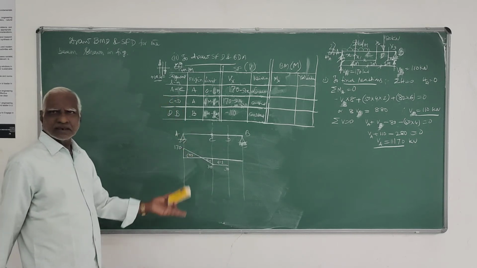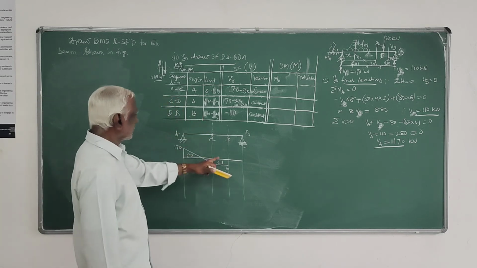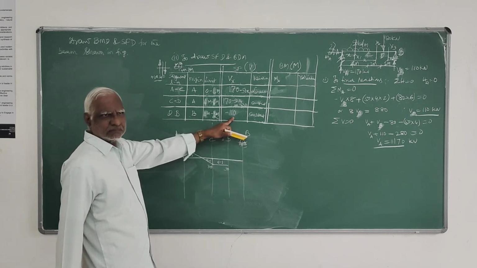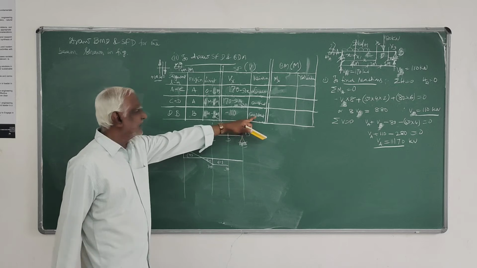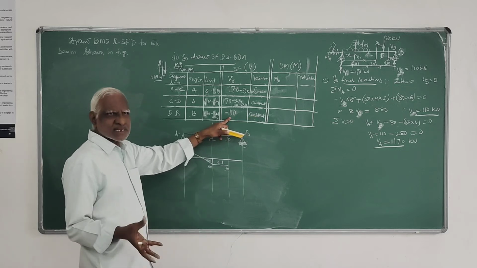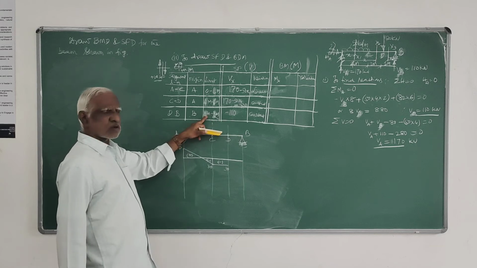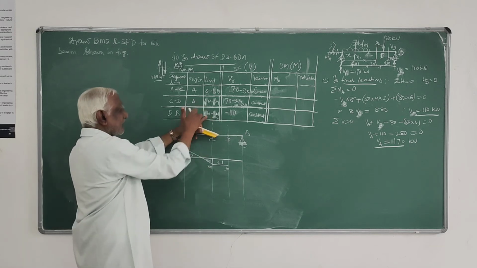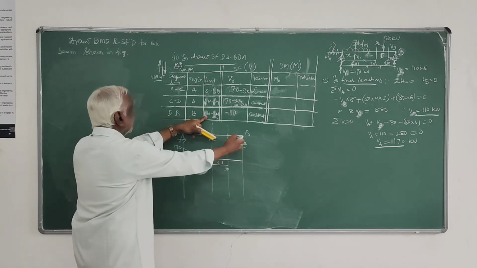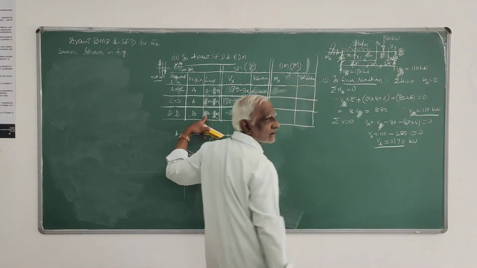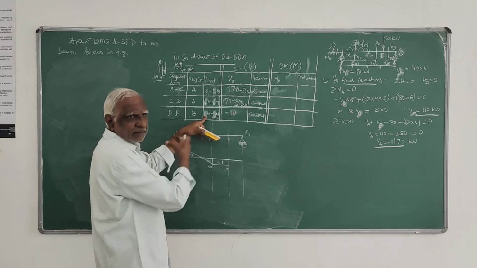That's it. Then take this portion, DB. This is that equation. It is again constant. 110 is a constant figure. It is not varied. For this portion I am taking the origin at D, with limits 0 to 2 meters, the DB portion.